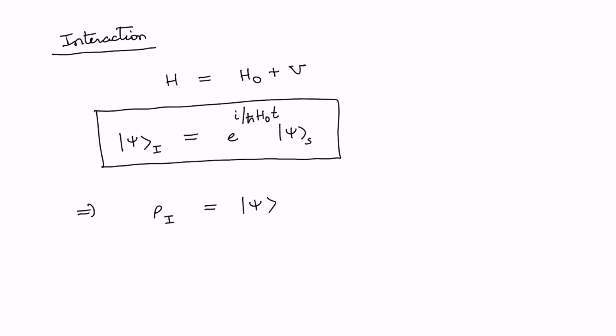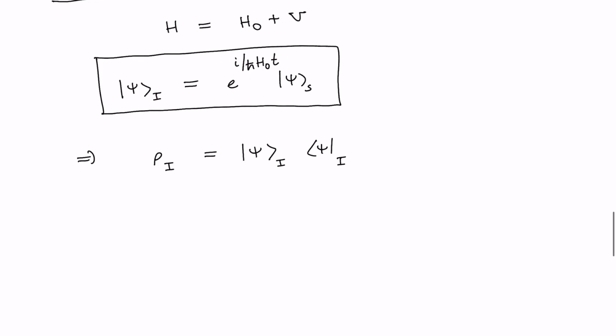That would be ket psi I, bra psi I, and if you work it out, then you are going to get rho I is equal to e to the power i by h cross H0 t, rho S, that is the density matrix in the Schrodinger picture, e to the power minus i by h cross H0 t.